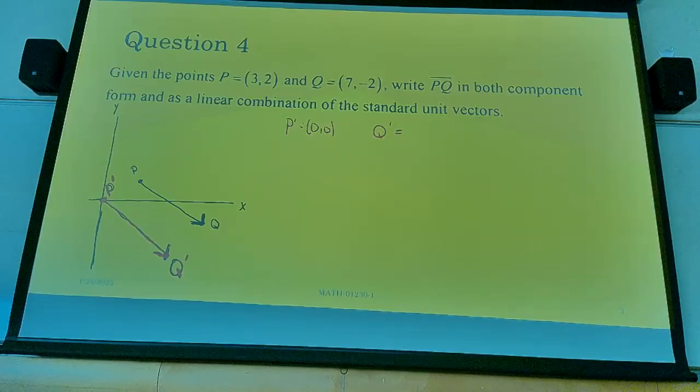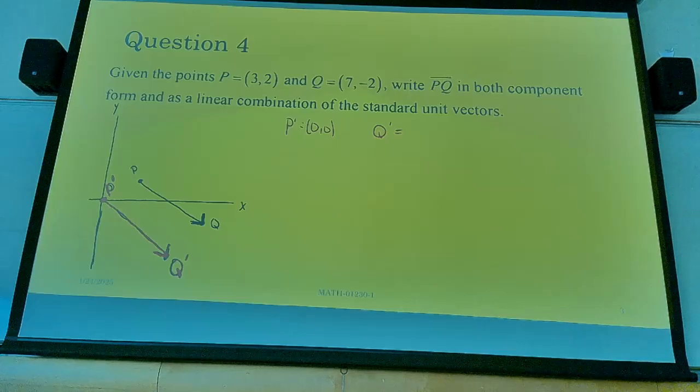So what did we do to P to get P prime? Shifted it 3 units left and 2 down. So what are we going to have to do to Q? It has to be the exact same, otherwise you've changed length and or direction.